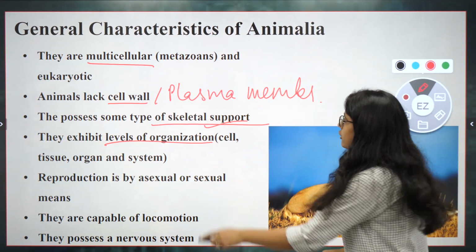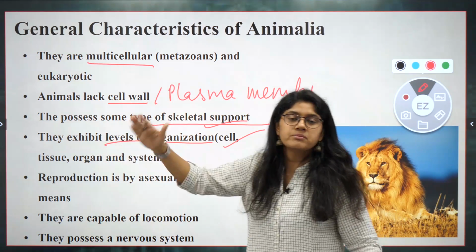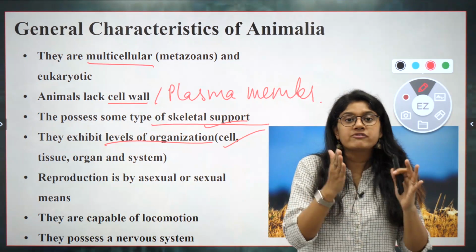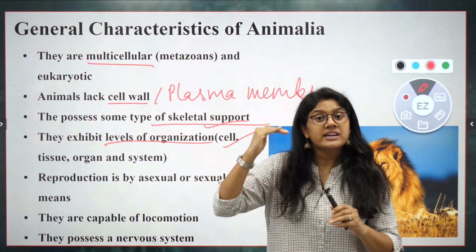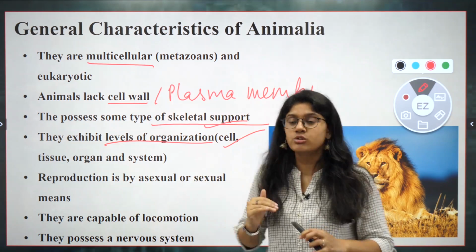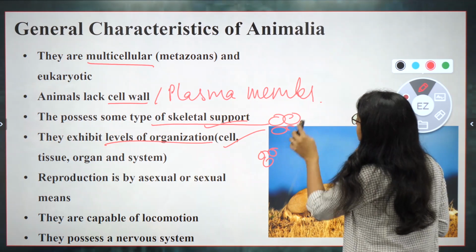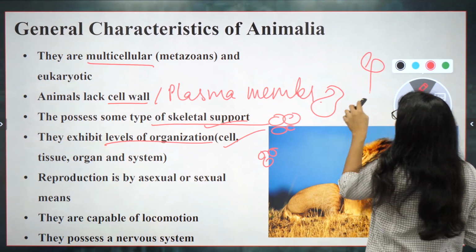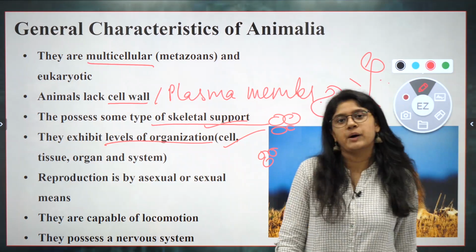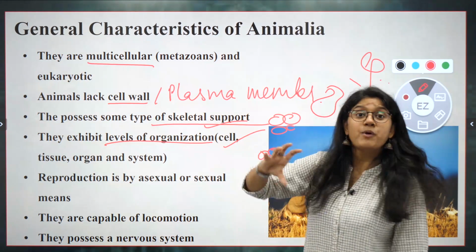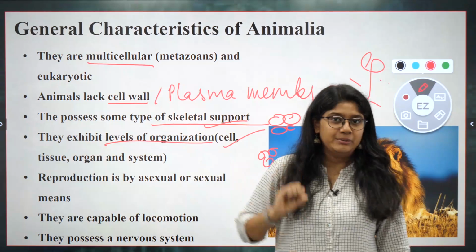Very easy, right? From the cell, they'll form the tissues. From tissues, organs will be formed, and from organs, organ systems. So there's a level of organization. Slowly, cells are coming. Then of course tissues will come. Then an organ will come, and then the whole organism is coming. So this is a very important characteristic feature of the animal.